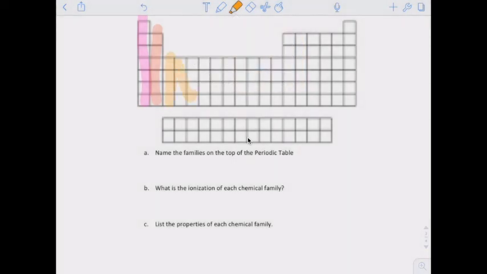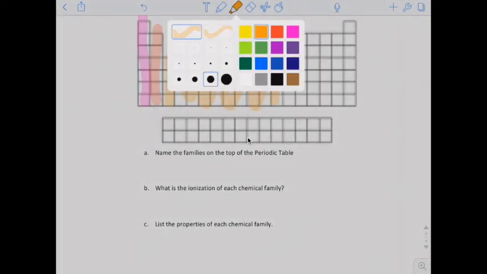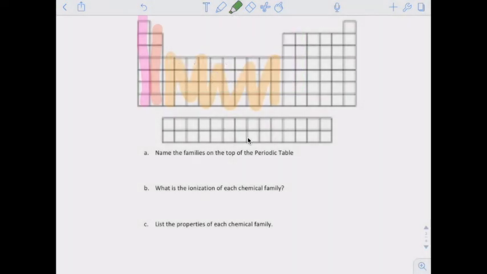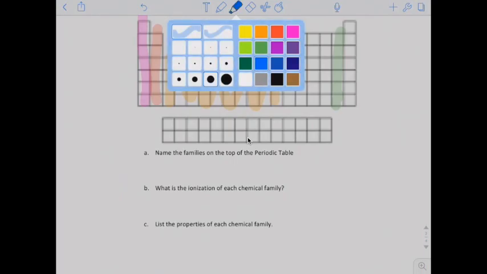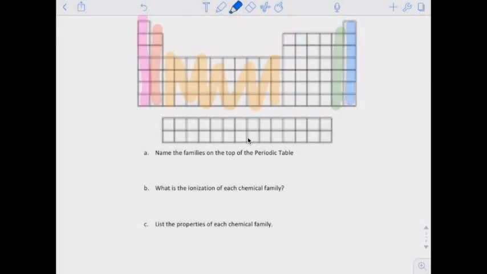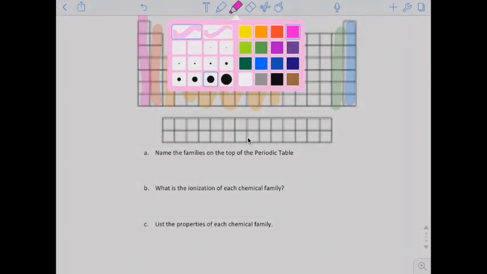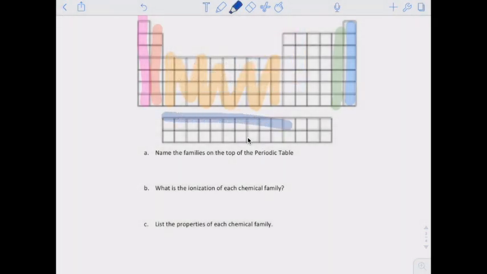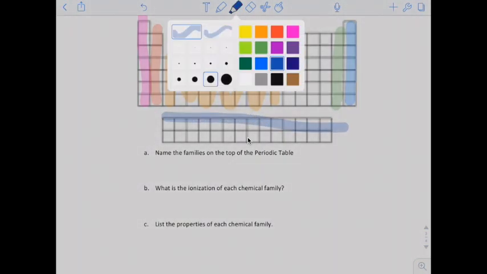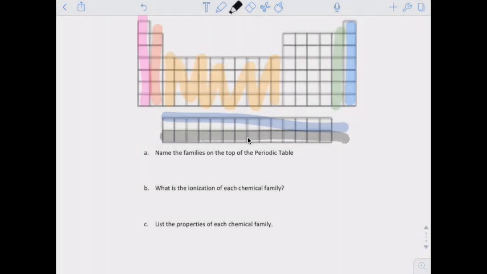Then we have the transition metals. And then really the only nonmetals that we're concerned about are the halogens, and then the noble gases. Then on the bottom of the periodic table, we have the lanthanides right here. And at the very bottom, we have the actinides.